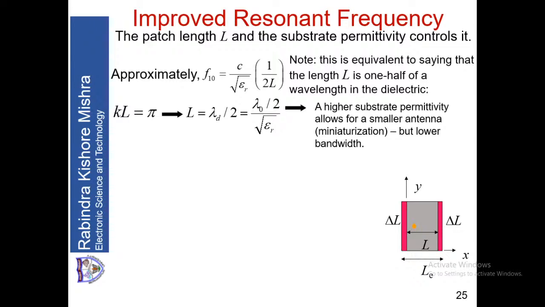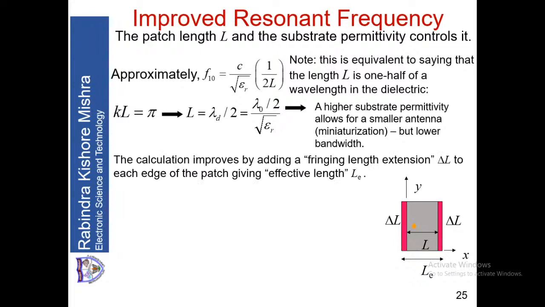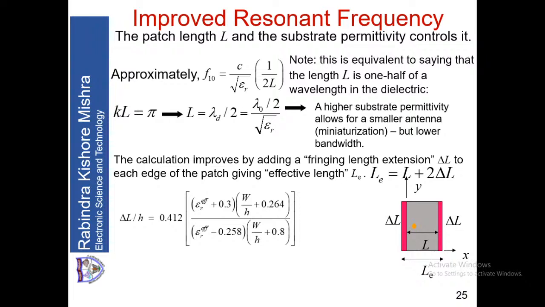If I take that into consideration, then we will improve the resonant frequency calculation because we are considering the electrical length. Once we consider that, we get something called the effective length. The effective length is the electrical length. L is the physical length, then L effective, or Le, is equal to L plus 2 delta L. That is the effective length. Now what is delta L? This is the expression for delta L.